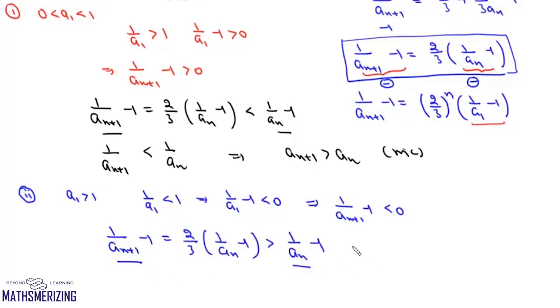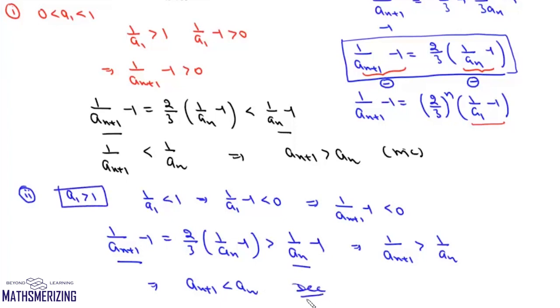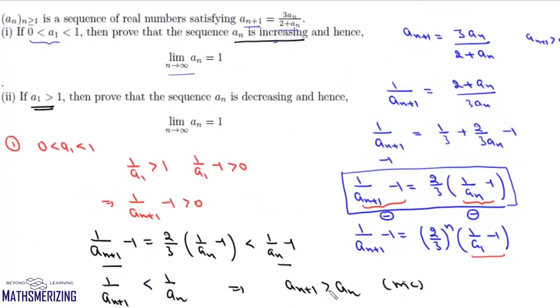Now again comparing these two, we'll get 1/(a_{n+1}) will be greater than 1/a_n, that is a_{n+1} will be less than a_n. That is, when a1 is greater than 1, this sequence is a decreasing sequence. So in the first case, when a1 lies between 0 and 1, the sequence is increasing, and when a1 is greater than 1, the sequence is decreasing.